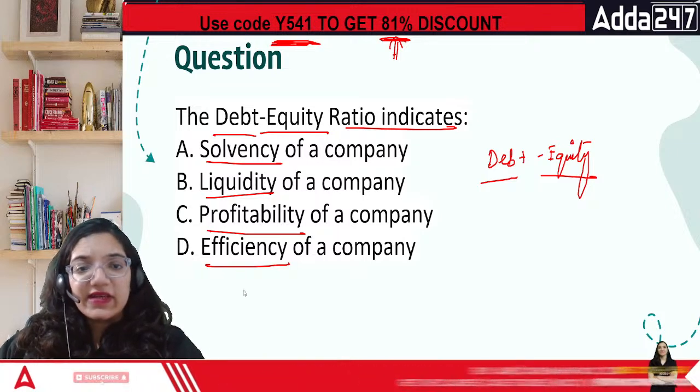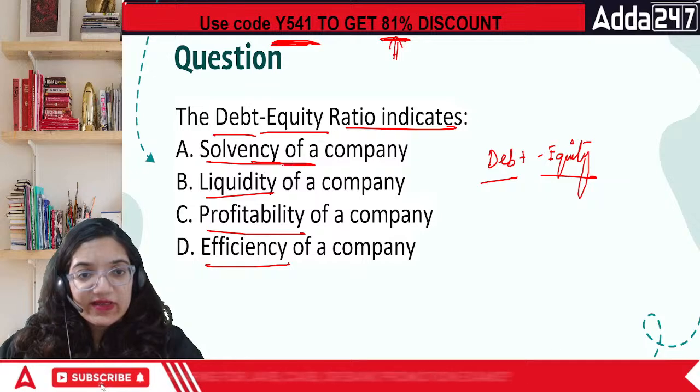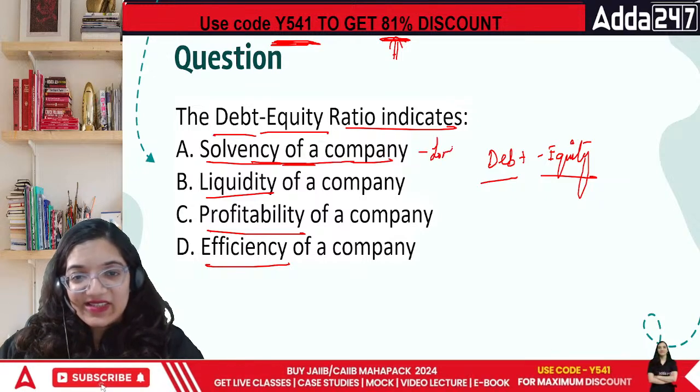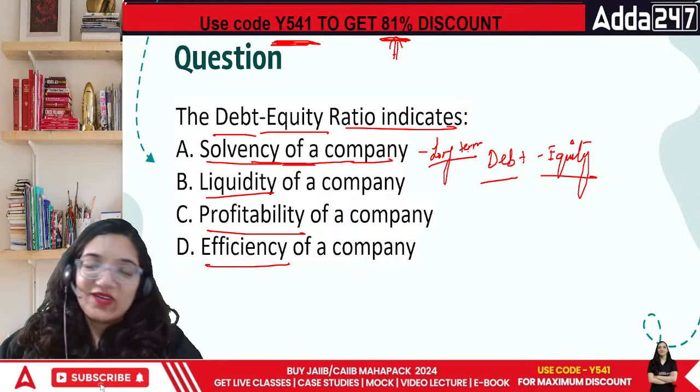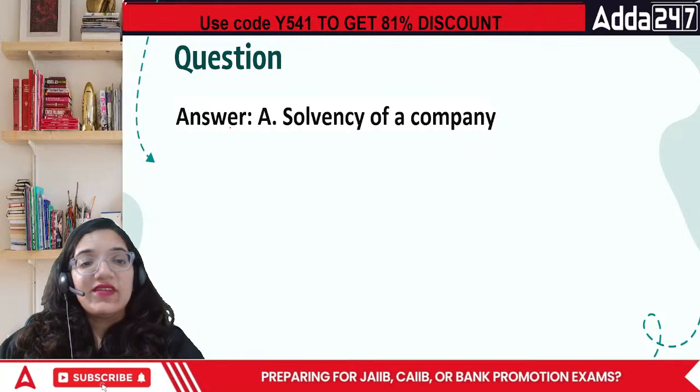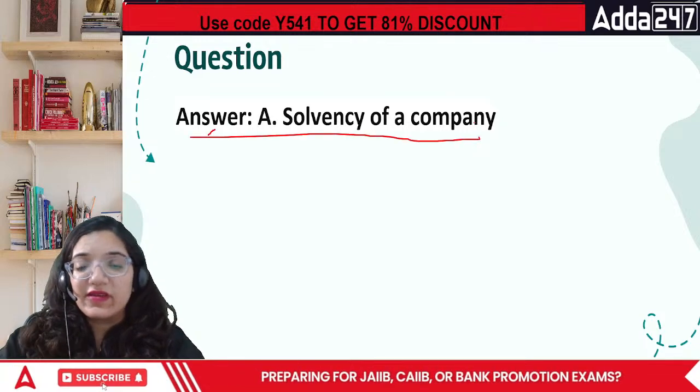The correct answer is solvency. Solvency is long term, not short term, not medium term. There's nothing of that sort. It takes years for that. The answer is solvency of a company.